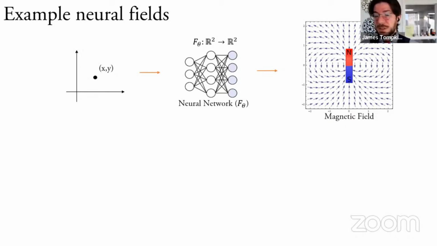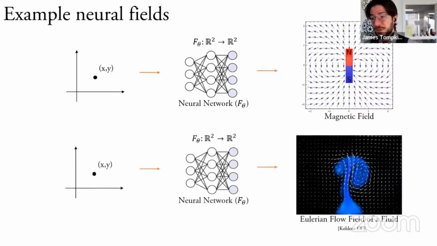So what I'm going to ask my neural network to do, f theta, is take in coordinates x, y, and then produce the direction and magnitude values at any particular point in the field. Okay. Or it could be another kind of flow. It could be fluid flow, such as turbulence within a liquid. My neural network just takes in the coordinates and is asked through some optimization problem to tune the weights such that I can predict some sensed or target flow field.